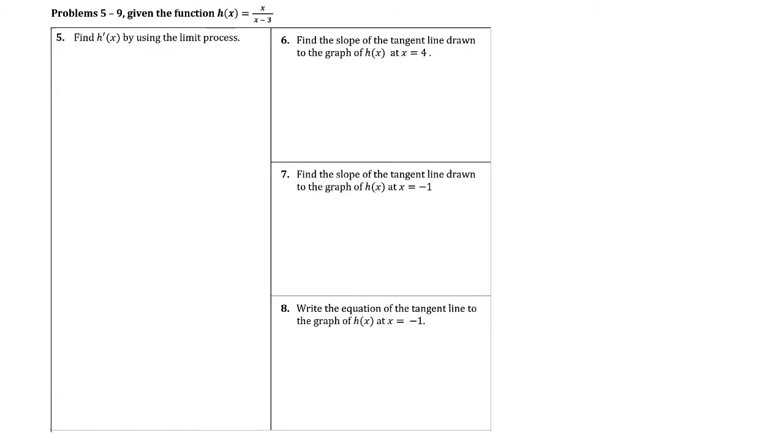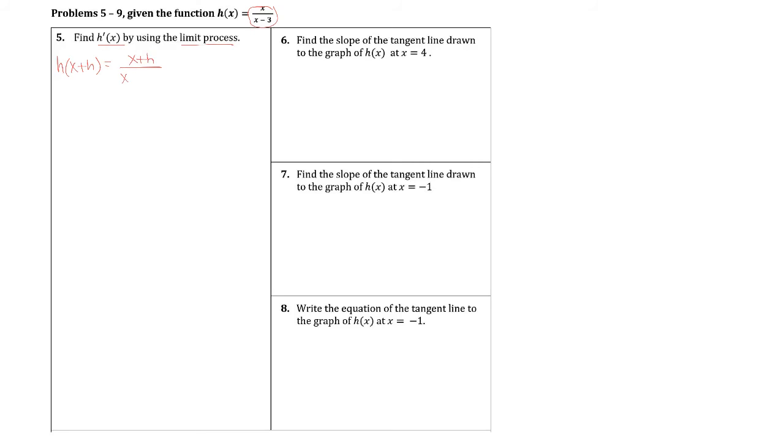All right, notice it wants us to find h prime at x using the limit process. And of course, nobody wants to do that since we know that we can find this limit by using our quotient rule. But just for grins, let's see if we can do it. Using our limit, we need to find h at x plus h. So in the numerator, I'm going to have x plus h.